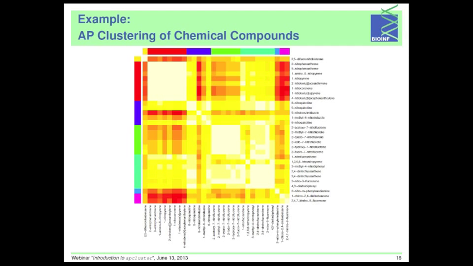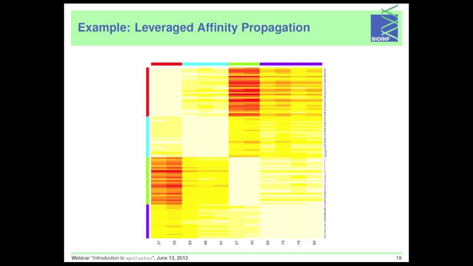And you can directly use apcluster with that and get nice results. What happens if you do leveraged affinity propagation is that you have much less potential samples taken into account as exemplars, whereas on the other side you have all the samples. This is just a little toy example.